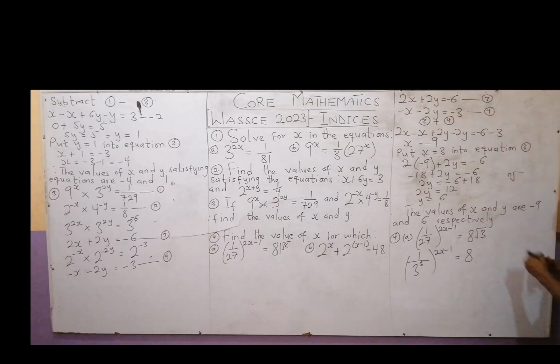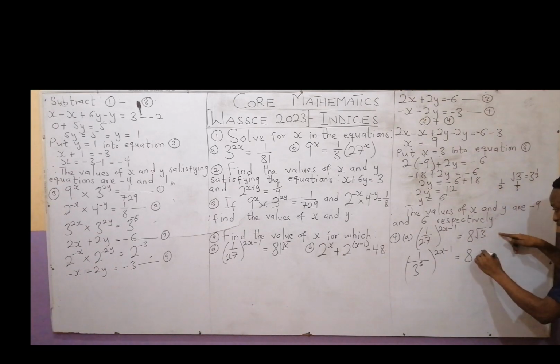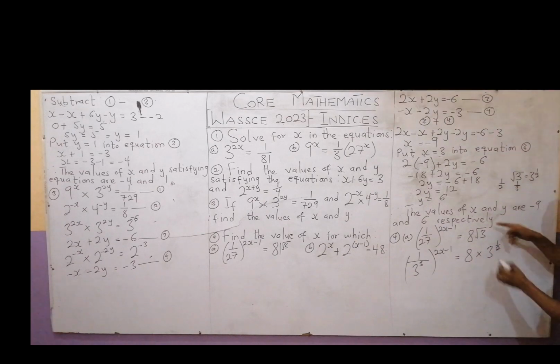So if the square root becomes 1 over 2, but it is cubic root, then 1 over 3. So you have 3 here with cubic root. That will give me 3 raised to the power 1 over 3. But since it is square root, it becomes 3 raised to the power 1 over 2. So this multiplying root of 3, I can write it as 3 raised to the power 1 over 2, square root.